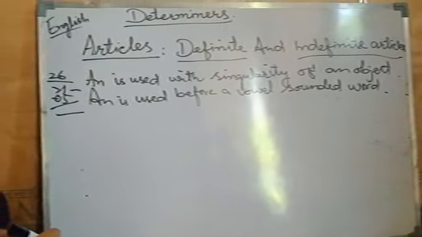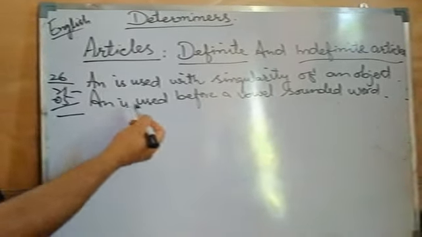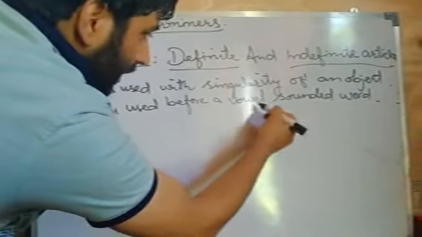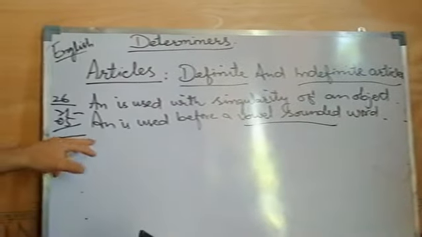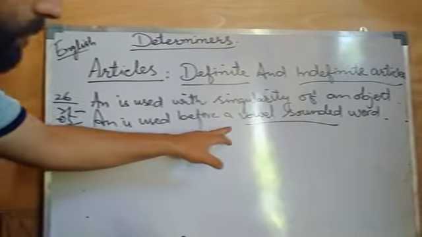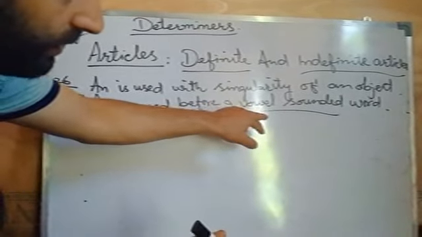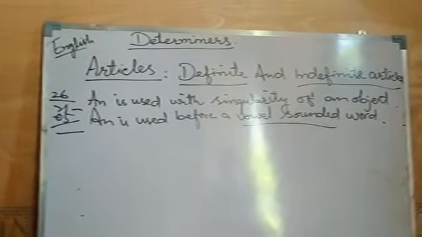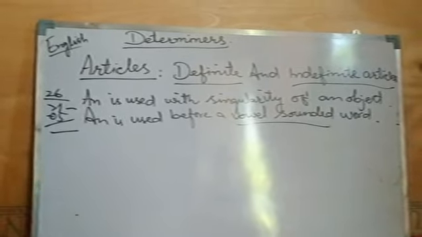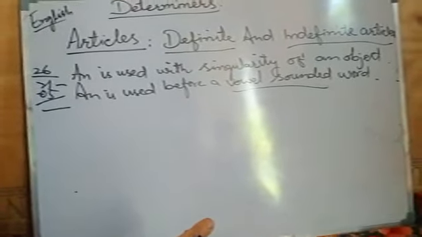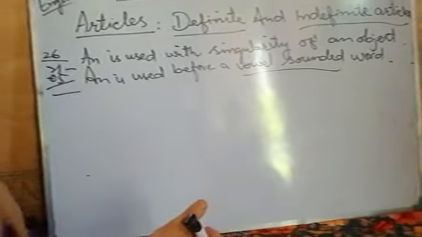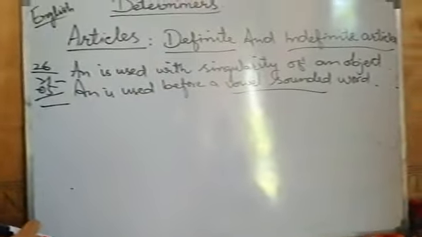But please have a look at what I have used here. An is used before a vowel sounded word, not before a vowel but a vowel sounded word. What does it mean? When we are learning A, B, C, D till X, Y, Z, there are 21 consonants and 5 vowels, but the sounds are more.